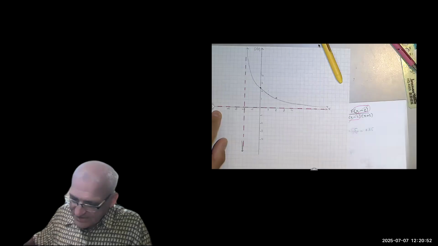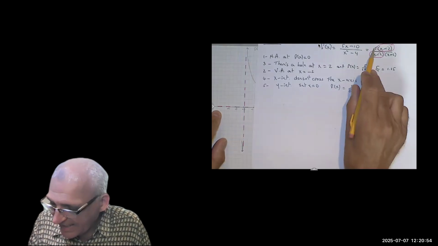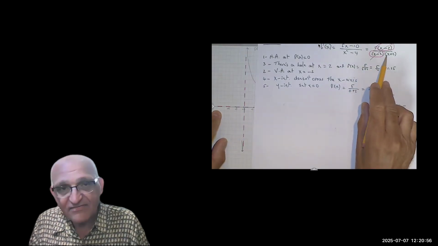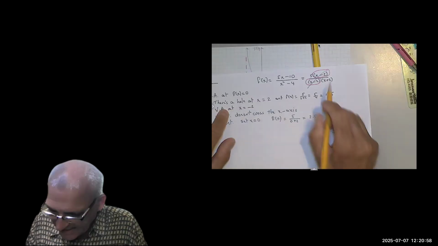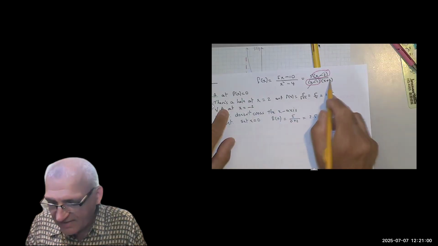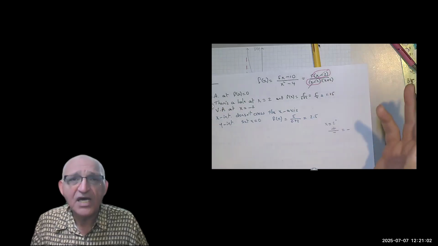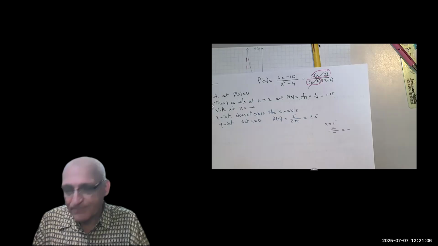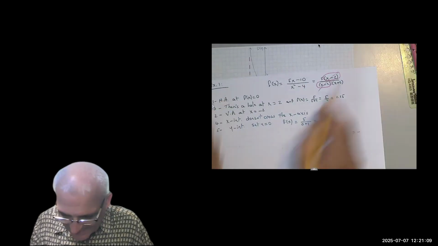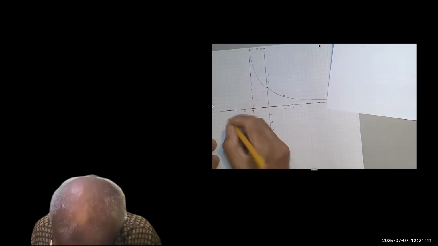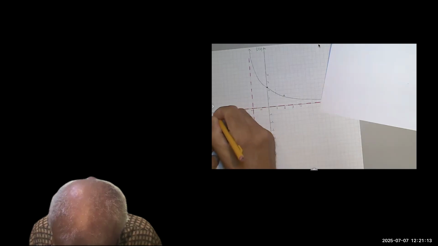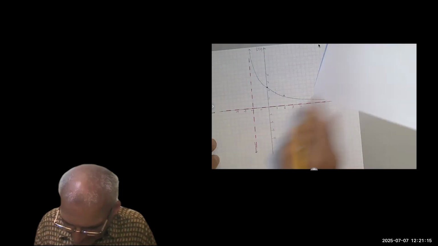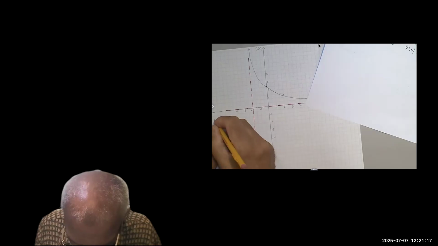If the numerator is 5, I can take this as -7. Why -7? Because -7 plus 2 is -5, and 5 over -5 is -1. I don't need a calculator. So you can make it simpler if you want. So at x equals -7, here is -5, -6, -7, I have y equal to -1.